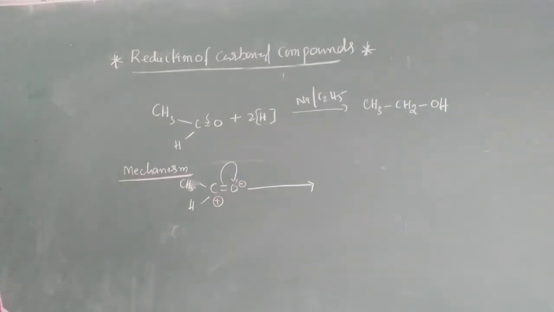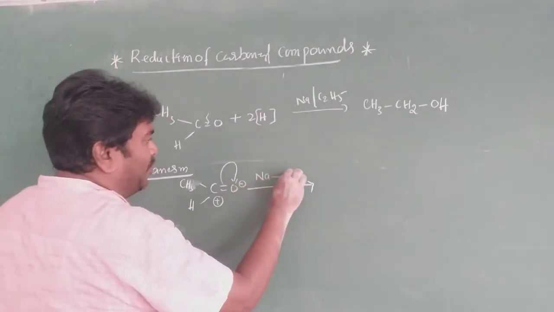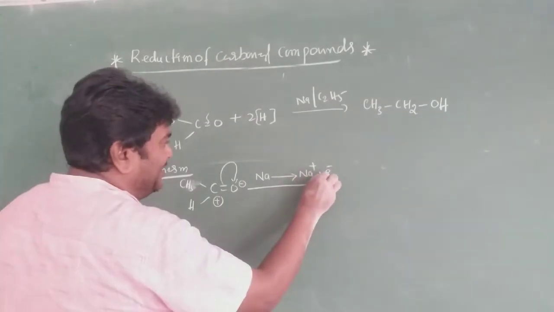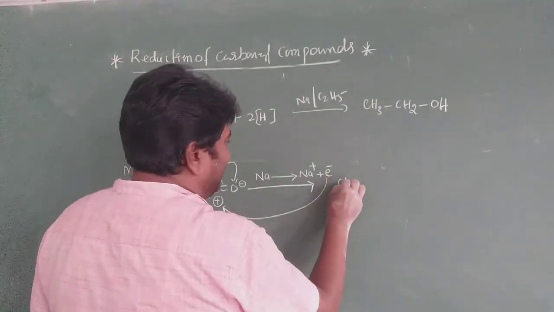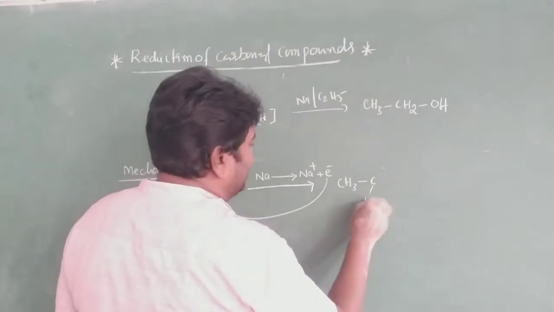Sodium metal gives Na+ and an electron; this electron attacks here, giving CH3-C with the hydrogen.